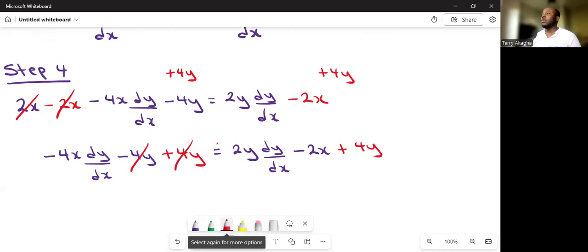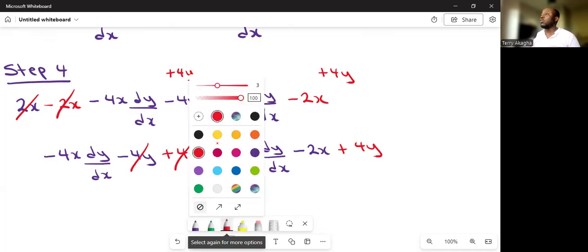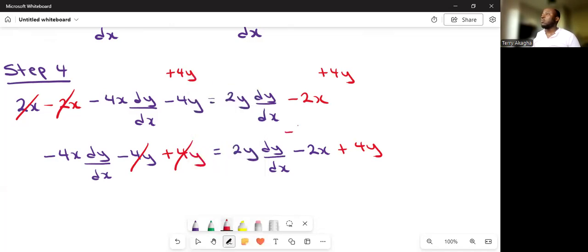Now, but I need to have the dy over dx on the left-hand side. So what I'm going to do then is subtract my 2y dy over dx from both sides so that I can have it on the left-hand side: minus 2y dy over dx on both sides.